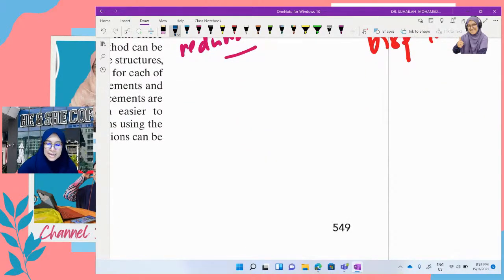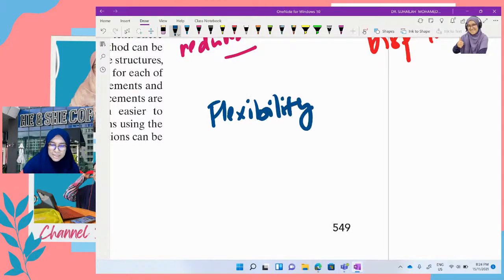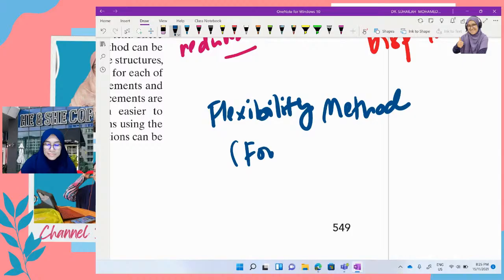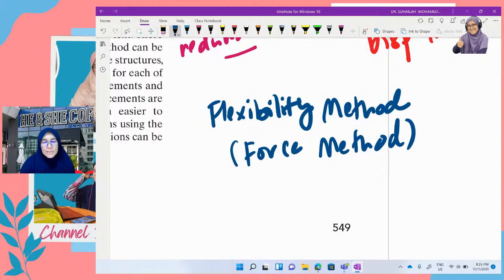Let me write it like this. In the flexibility method, we also call the flexibility method the force method. Why do we call it the force method?